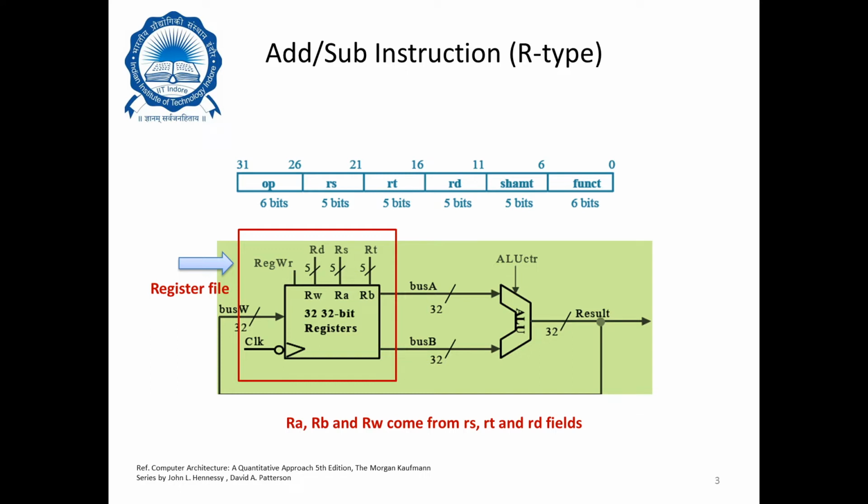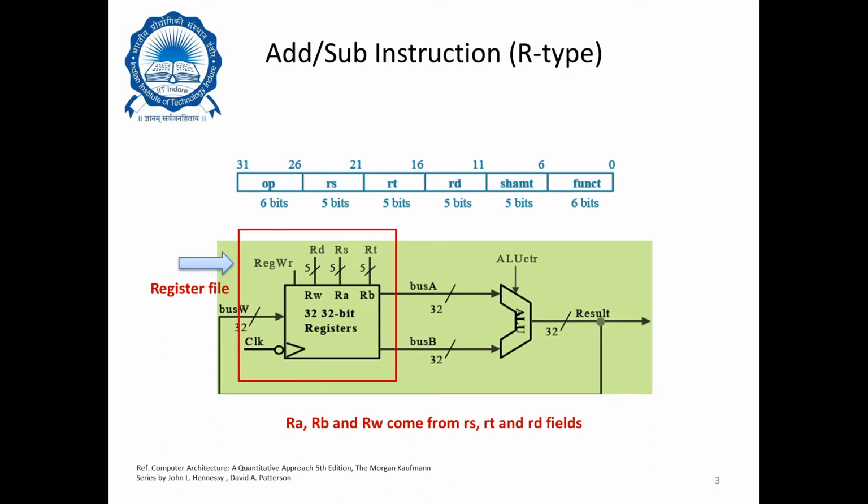So you have a 32-bit register file, and the inputs are RW, RA, and RB. As I said in the last lecture, RA and RB are used for selection of registers to place the data onto the bus. RA comprises the information that comes from the RS field, which is 5-bit. RB comprises the information that comes from the RT field, which is 5 bits, and RD is the destination register, which is used for RW, also 5 bits.